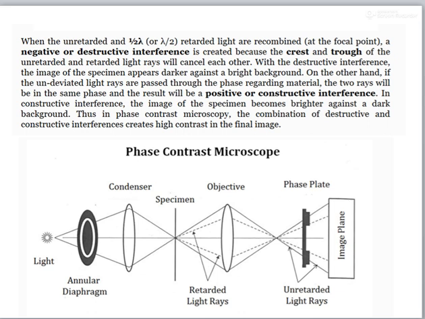If they are in the same phase, it will be a positive or constructive interference. In constructive interference, the image of the specimen becomes brighter against a darker background. Thus, in phase contrast microscopy, the combination of destructive and constructive interference will create a high contrast in the final image.